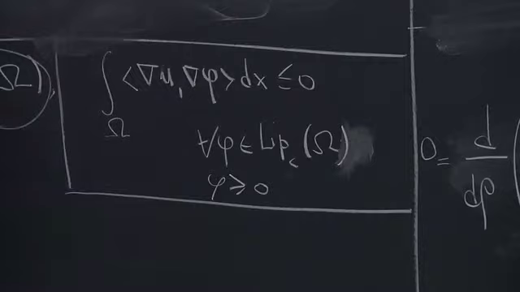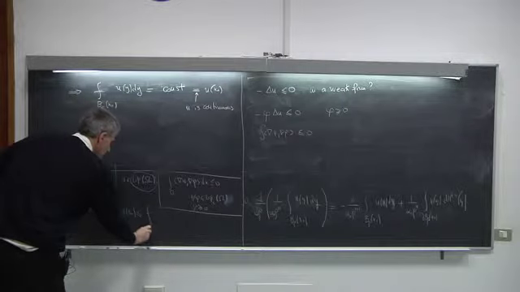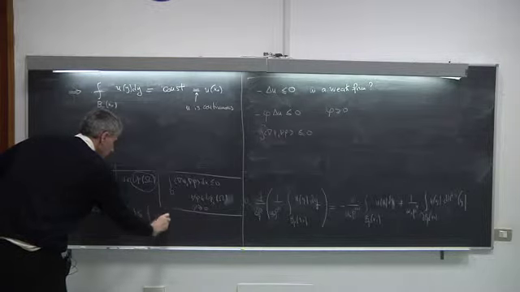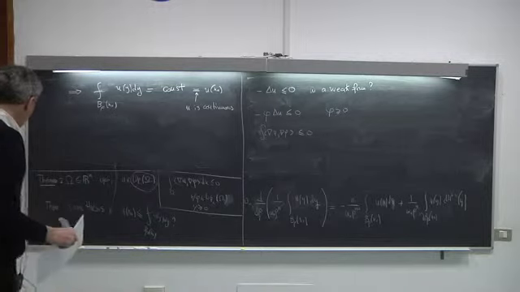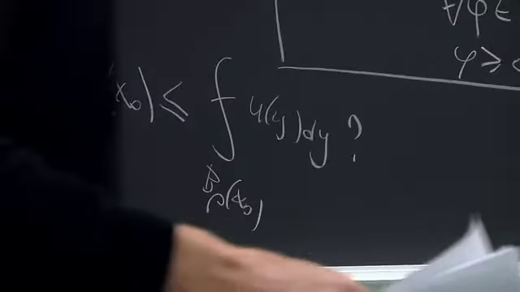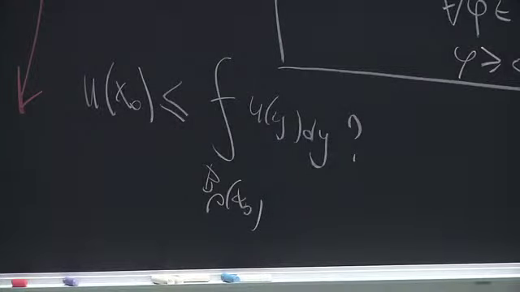Can we deduce that u of x naught is less than or equal to the mean value? Can we deduce something like this? Try to do a similar proof by yourself and see what happens.